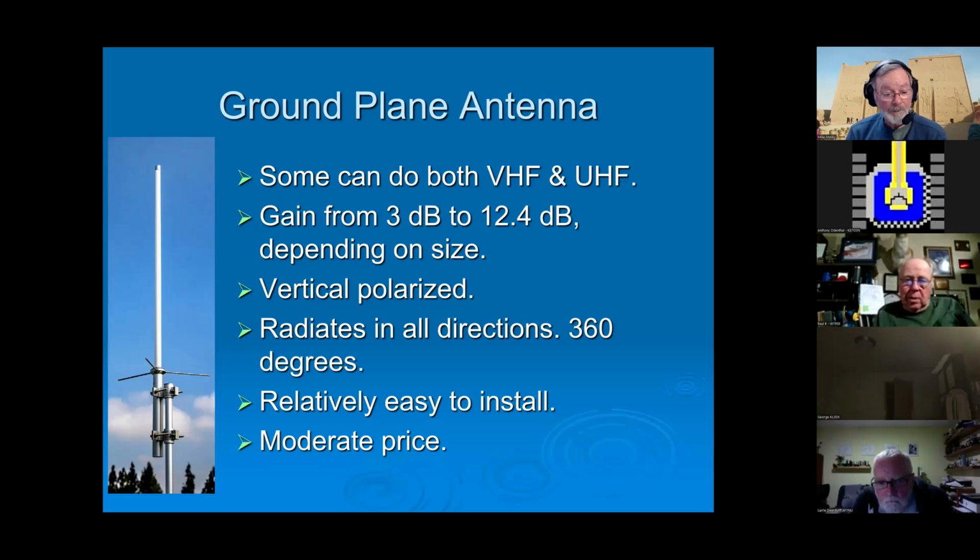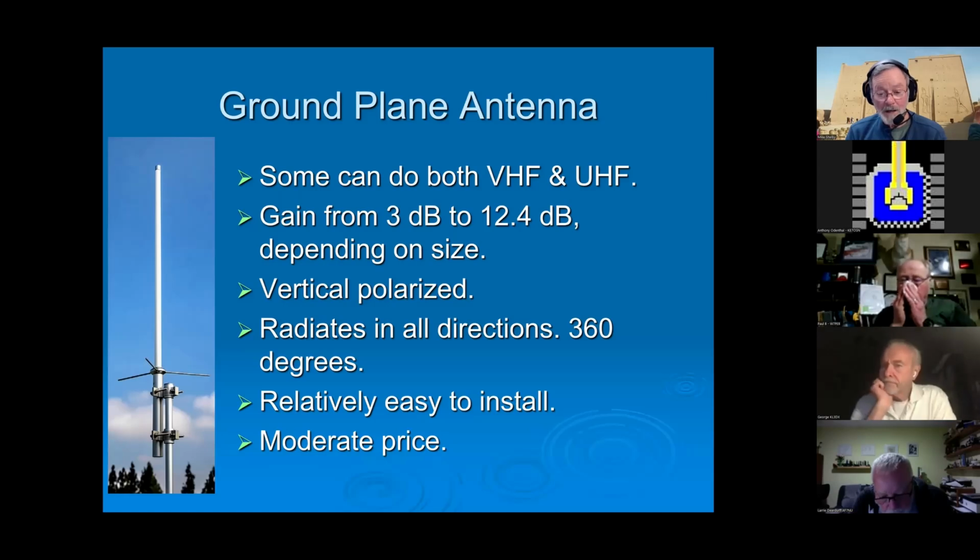When you're a new ham, that's probably where you're going to start off, with just a ground plane that will get you on the air, get you 360-degree coverage, not a whole lot of expense, and it'll get you on your VHF bands real nicely.